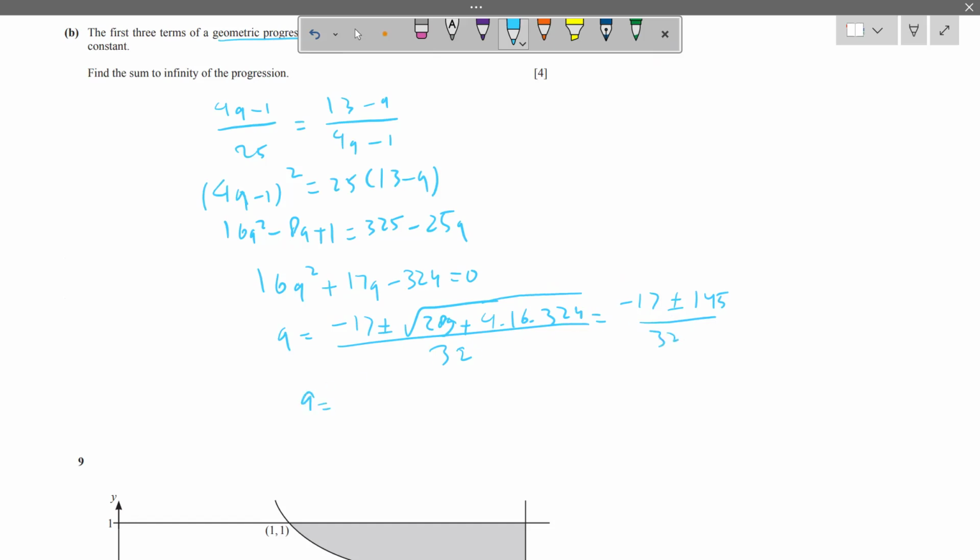So q is either, what's it going to be? 128 over 32, which is equal to 4, or q is equal to minus 162 over 32, or minus 81 over 16.